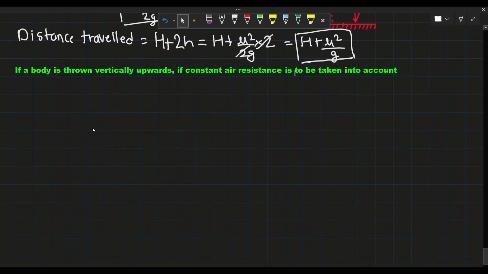If a body is thrown vertically upwards, and constant air resistance is to be taken into account, we'll have two cases. First would be your upward motion.